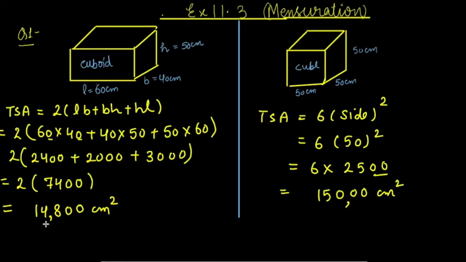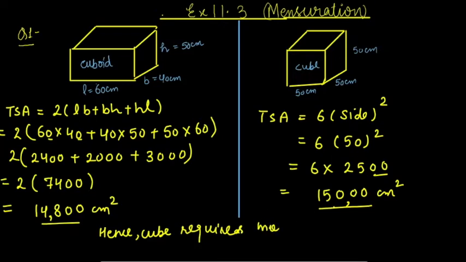Now if you compare, this is 14,800 centimeter square and here you are getting 15,000 centimeter square. So the cube requires 15,000 here, more material to make. Whereas this is lesser than the material required to build a cube.